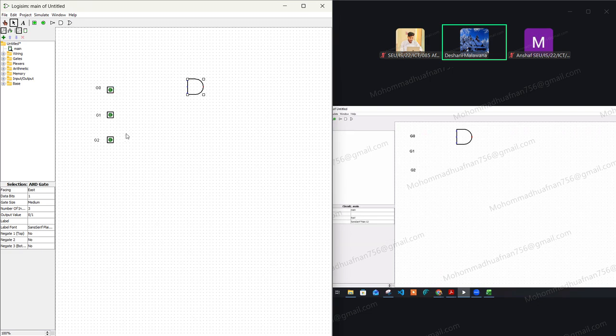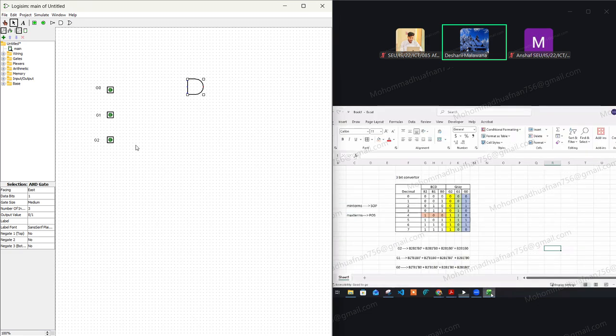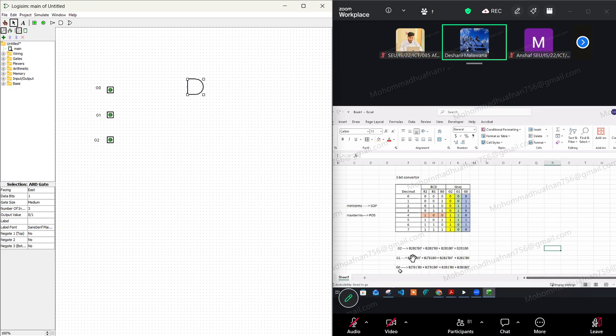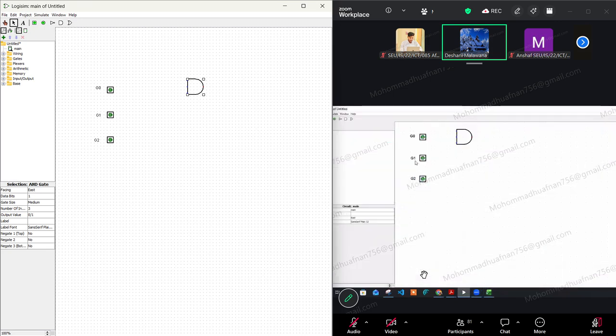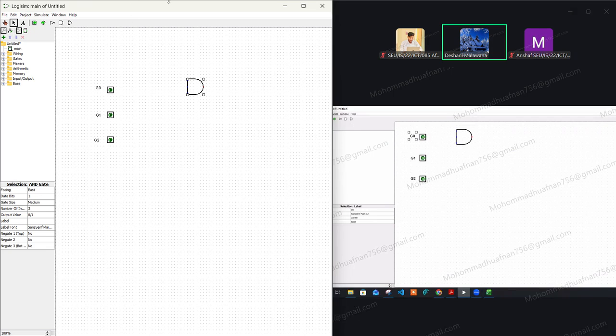So did you see that one? Okay, so the first one said that our equation is G0, so the output should be, see, you are not telling anything to me, right? It should not be G0, it should be B0, right?